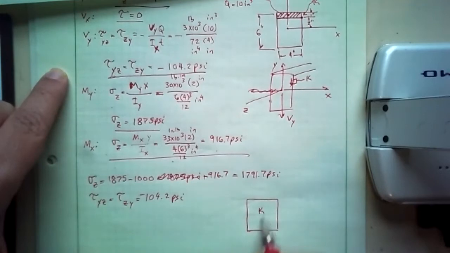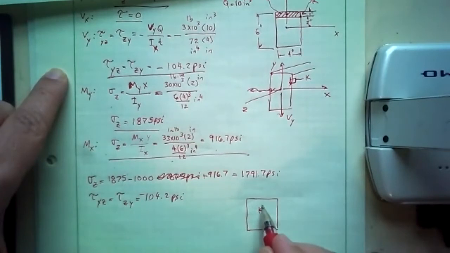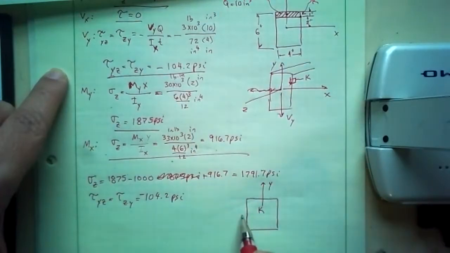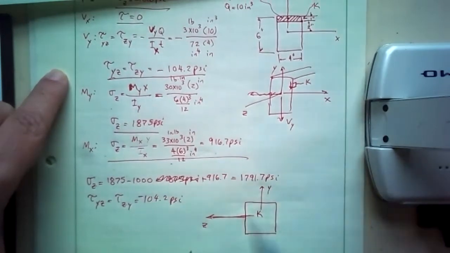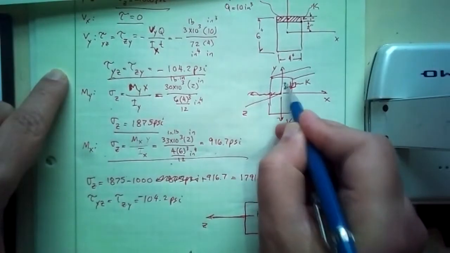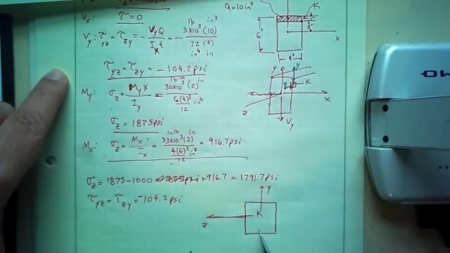Element K. Going up is the y-axis, and along this way is the z. This is the z-axis, like this, and this is the y-axis. That's what I have.